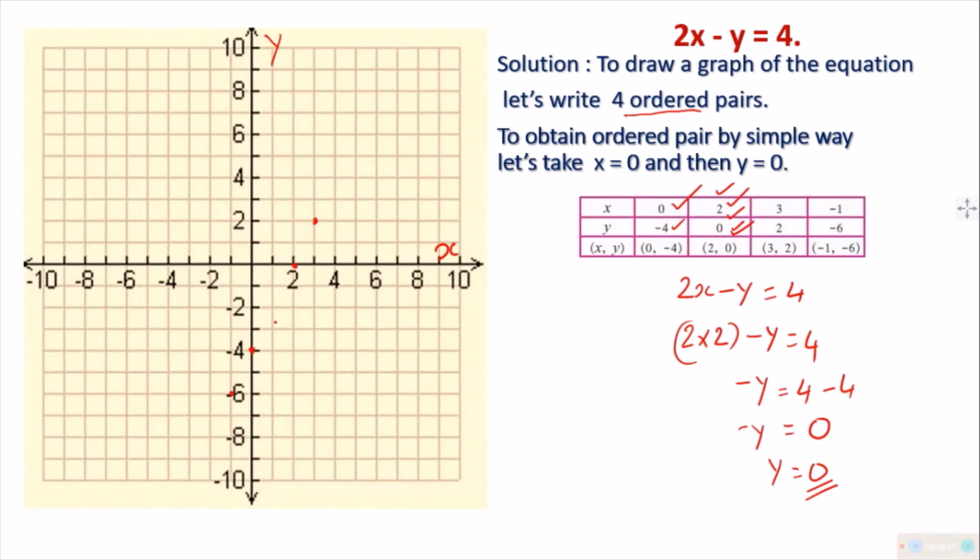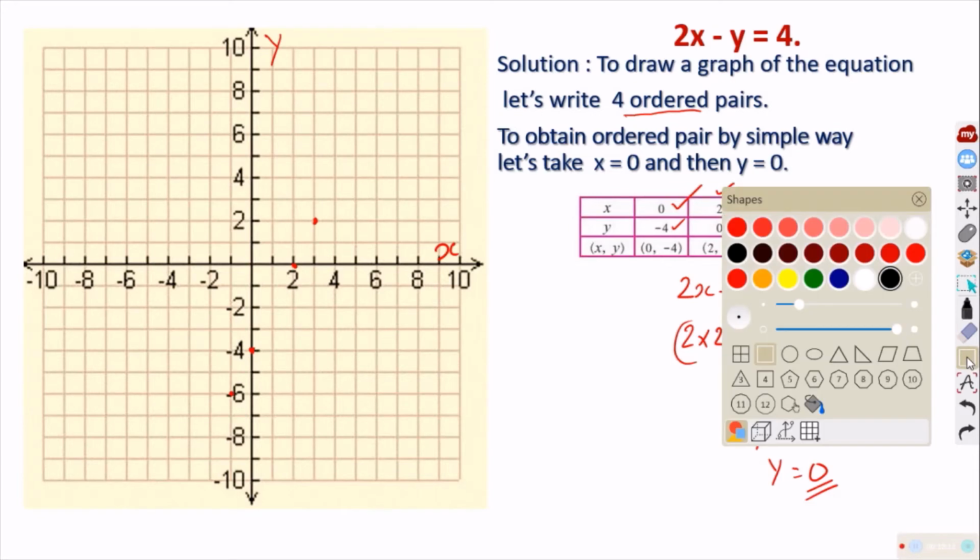Now the next task is to connect these. With the help of a ruler you will connect them. Let me take a ruler from here. If not, I will have to do direct drawing.